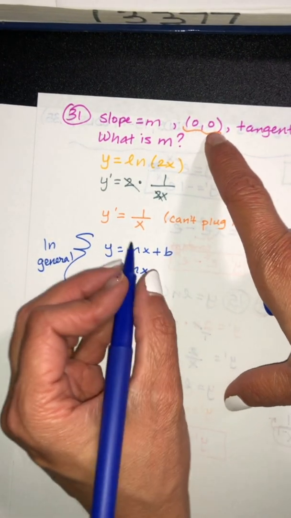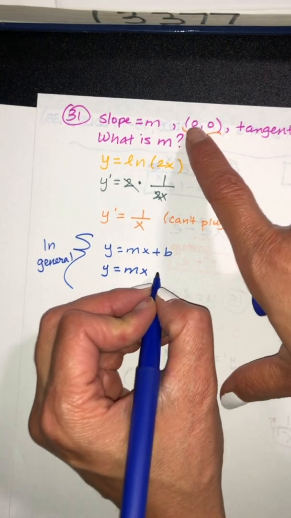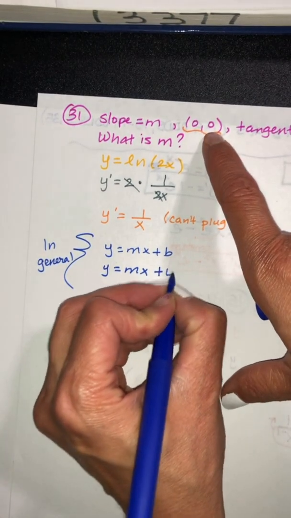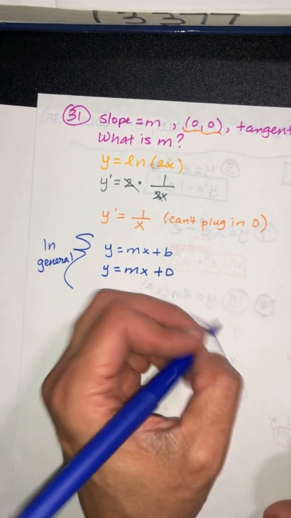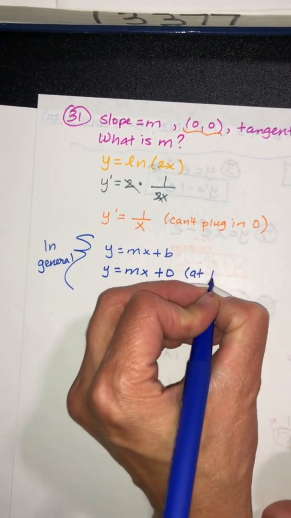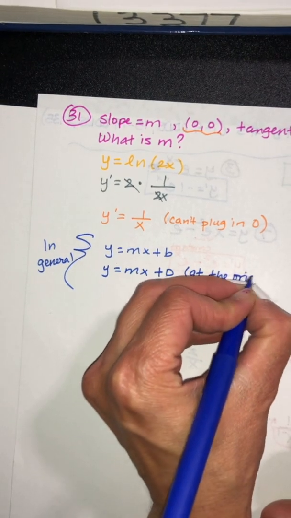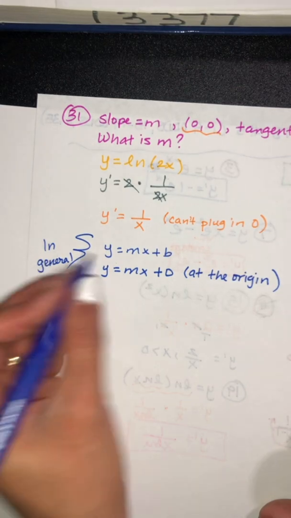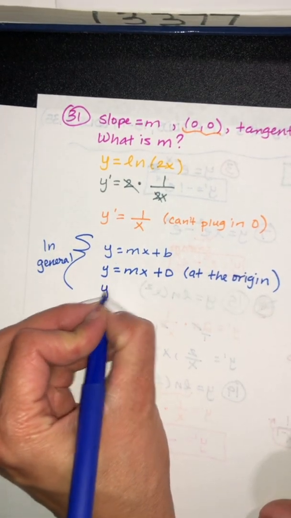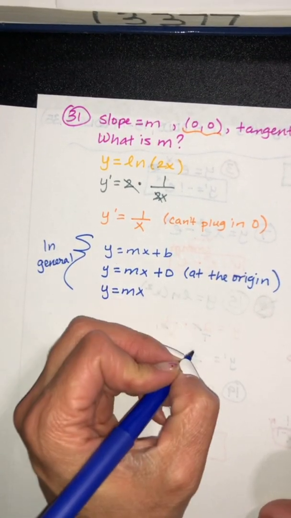Since the y value is 0 and the x value is 0, this is the y-intercept. So y equals just mx.